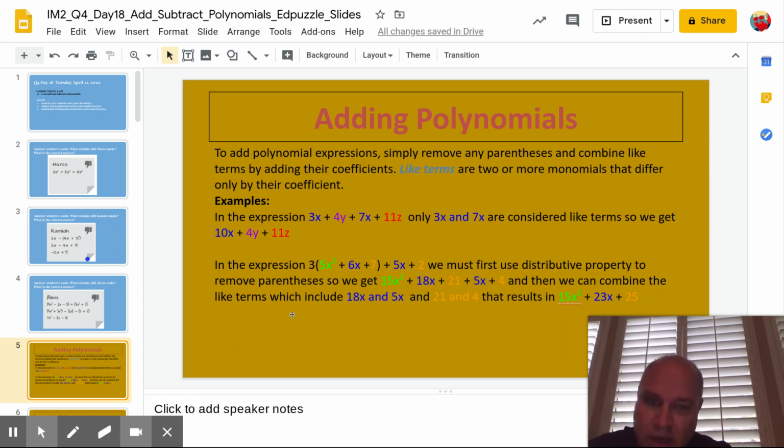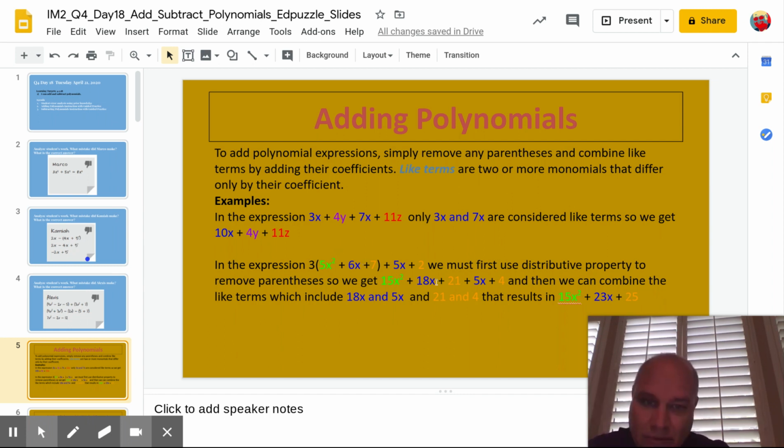Next little example here, we have 3 parentheses 5x squared plus 6x plus 7, and then outside the parentheses, plus 5x plus 4. So the first thing we have to do is use the distributive property to remove the parentheses. So when we do that, we get 15x squared plus 18x plus 21. That's simply 3 times 5x squared, 3 times 6x, 3 times 7.